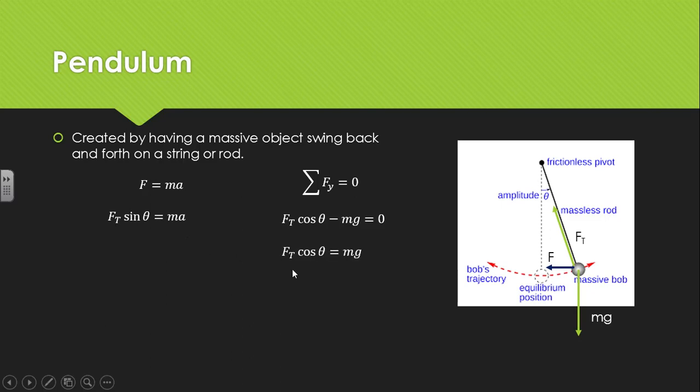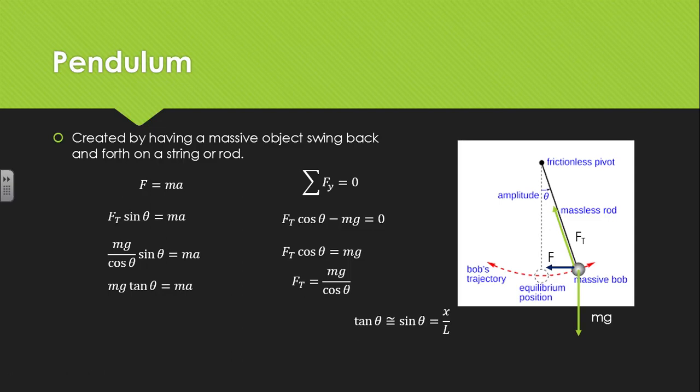So we can solve this out for what the tension force looks like: it's the weight divided by the cosine of theta. Now if I substitute that in there, what I get is an expression mg tangent of theta equals ma, where this acceleration is really dependent upon this angle theta. How far is this thing swung back and forth? Now the one thing to point out is if theta is small, so we're talking about an angle less than maybe 10 or 15 degrees, the tangent of theta and the sine of theta are basically the same thing.